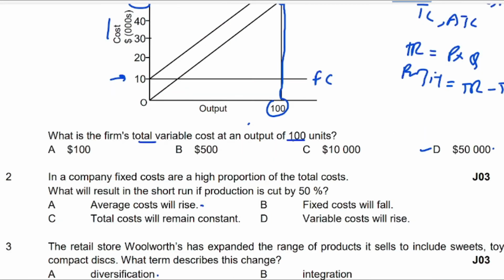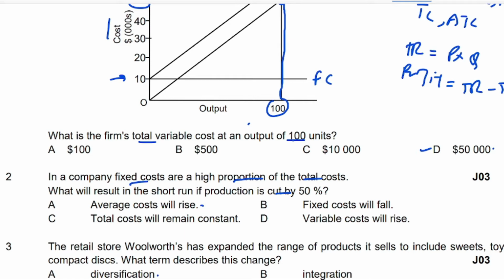Okay, now coming to question number 2. In a company, fixed costs are a higher proportion of total cost. Fixed cost is the cost which a company has to pay when output is 0 or whatever output it produces. Fixed cost remains the same, like the rent of the building. We have to pay it in each case. What will result in the short run if production is cut by 50%?